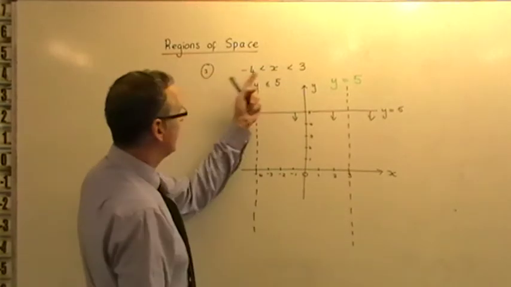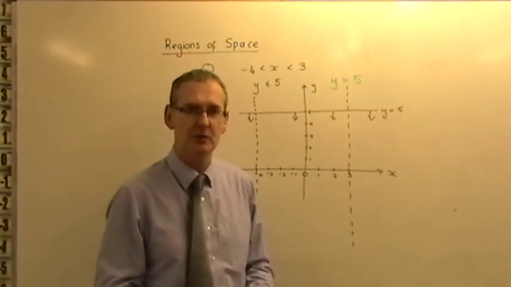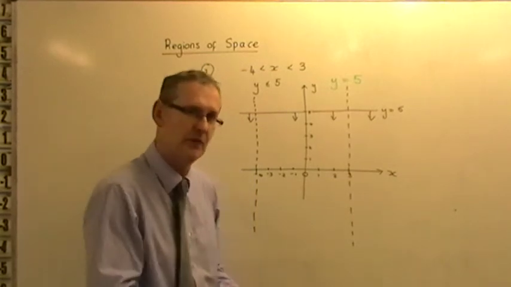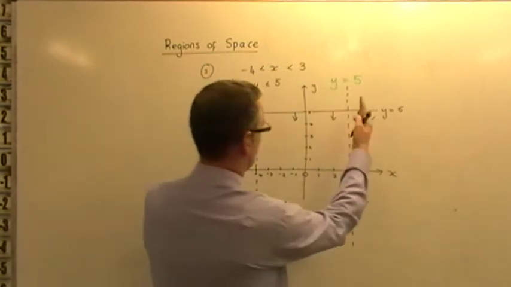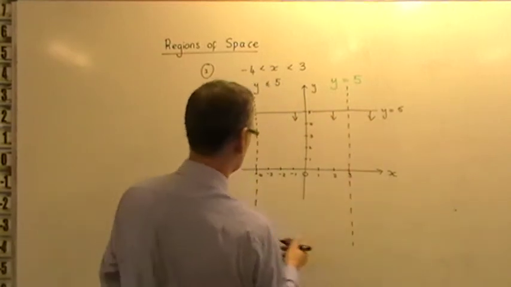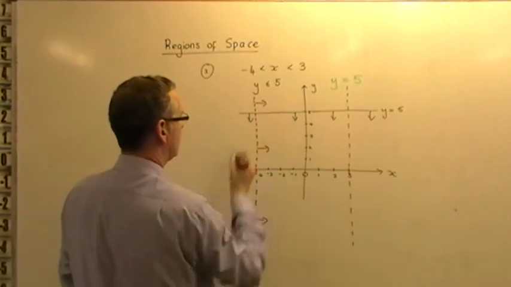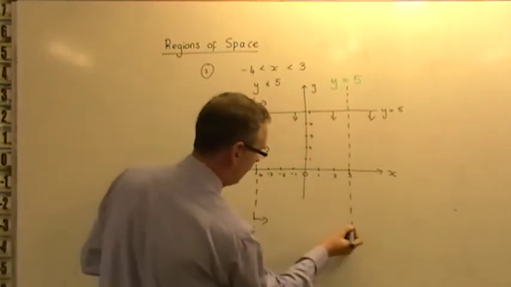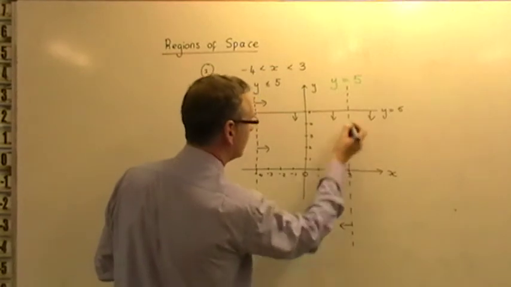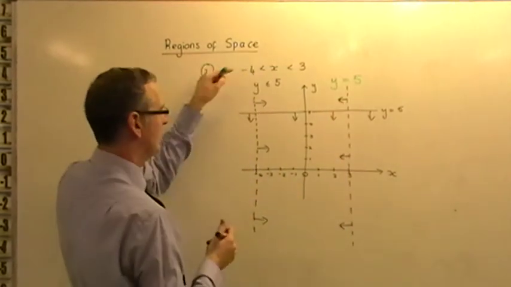And what this is saying is you need to show all the points which have x coordinates which lie between -4 and 3. So if you think about it, they must lie within those two boundary lines. So I need to draw boundaries which are in this sense going to the right, and from this line going to the left. Anywhere in this central region obeys that first inequality.